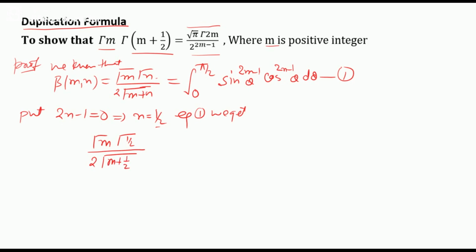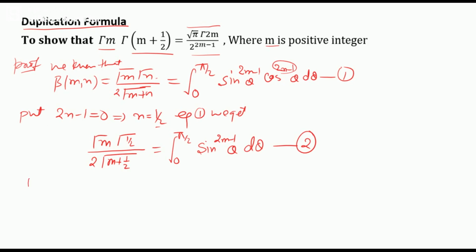And on the right hand side we get the integral from 0 to pi by 2 of sine 2m minus 1 theta, and the cosine power becomes 0. So the power of something 0, we get 1. So we write d theta. So that's equation 2.